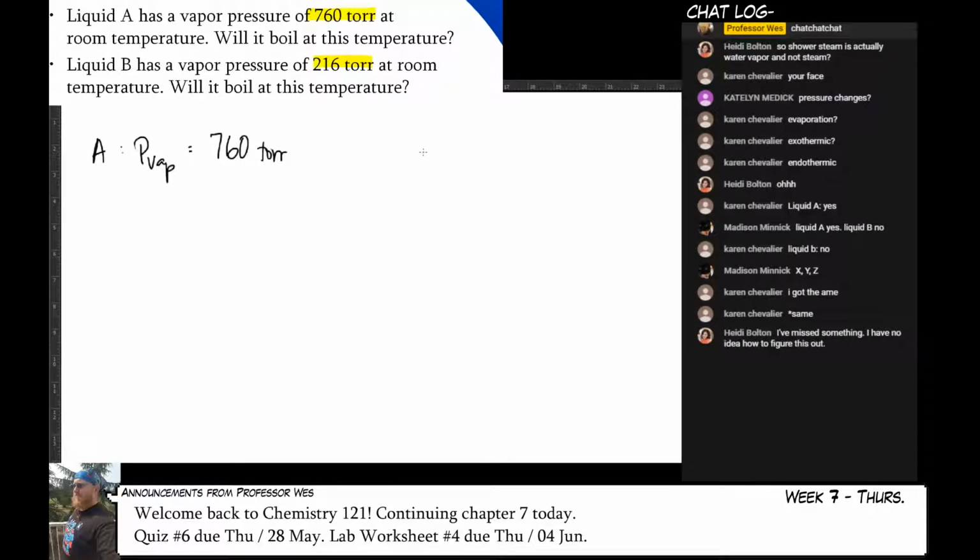And if we go look up in the notes earlier in Chapter 7, then we would see that 1 atmosphere is actually exactly 760 torr. So in other words, this is just 1 atmosphere. And if its vapor pressure is equal to 1 atmosphere, that is equal to atmospheric pressure. And so liquid A will boil.